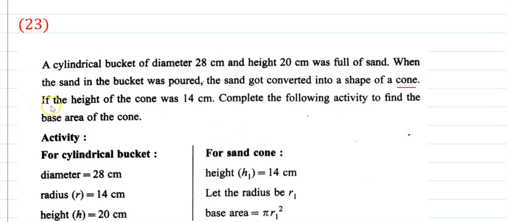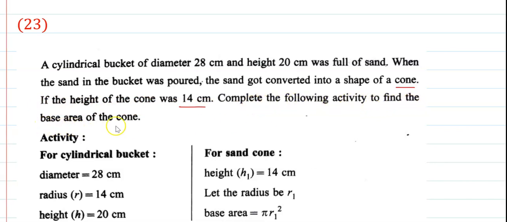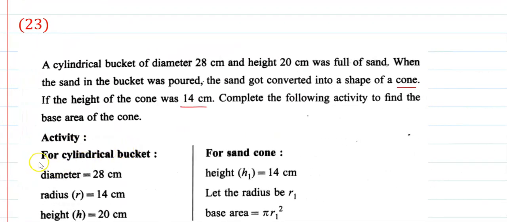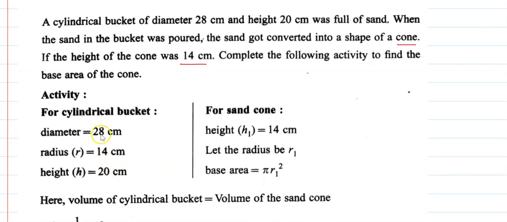If the height of the cone was 14 centimeter, complete the following activity to find the base area of the cone. First, for the cylindrical bucket, diameter is 28, radius is 14, height is 20 centimeter.